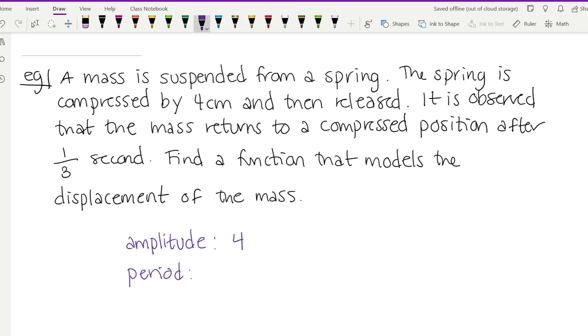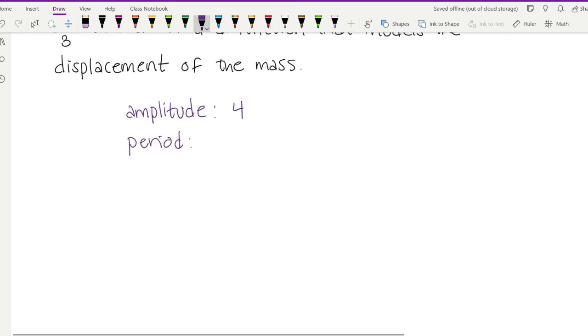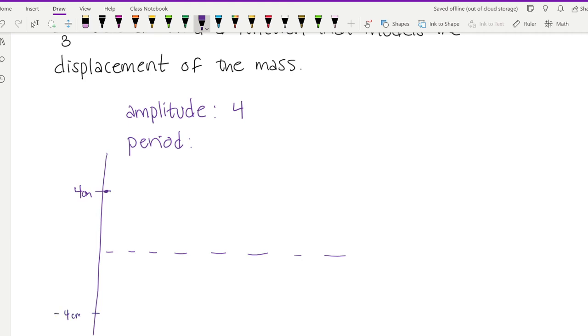Okay, what about the period? That one is actually kind of handed to us. It says that the mass returns to a compressed position after 1/3 of a second. So just picturing what this graph might look like, here's our midline of 0, and the graph starts up at its compressed position. Maybe I'll even draw some axes here. This is 4 centimeters. This is -4 centimeters.